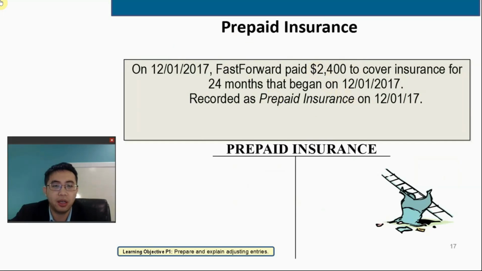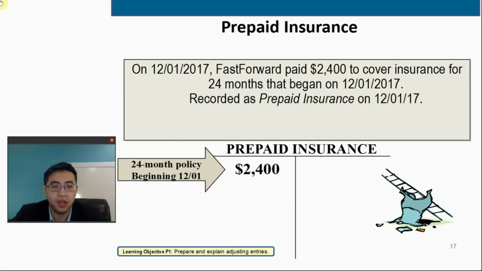But for prepaid insurance, it actually increased. So you should report a debit for prepaid insurance. And that is an asset. That asset holds a value of $2,400, coming from the $2,400 cash you just paid.